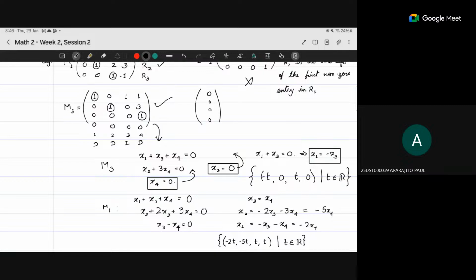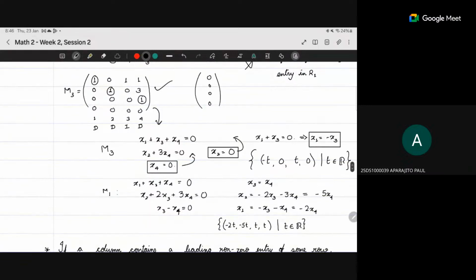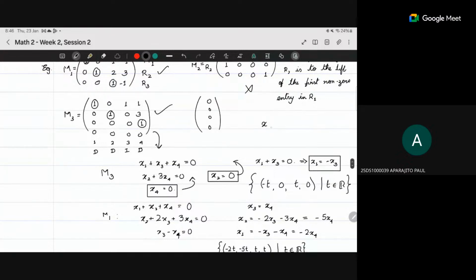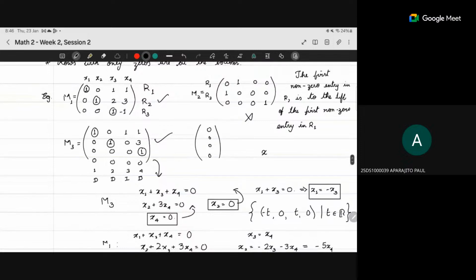So in some sense, it is dependent in the following way. In the general case, this is not in reference to m1, m2, or m3. Suppose x2 is a dependent variable and x3, x4, x5 are independent variables.